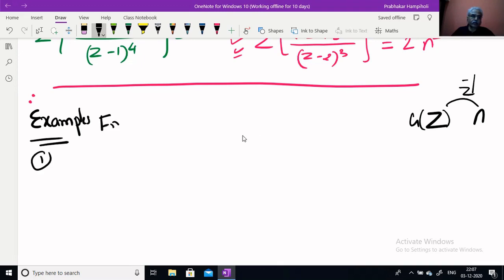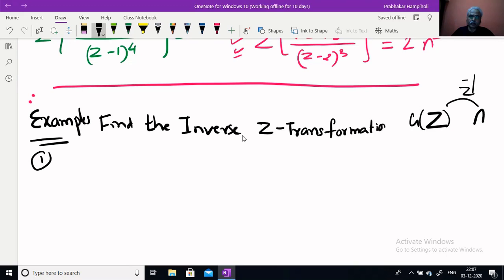find the inverse Z transformation using the power series method.